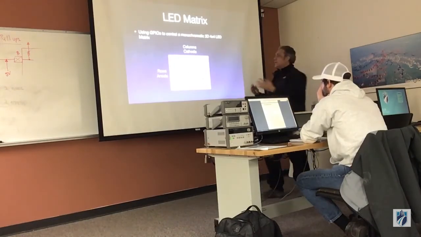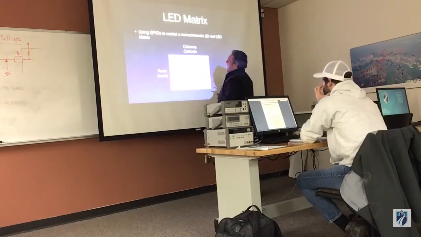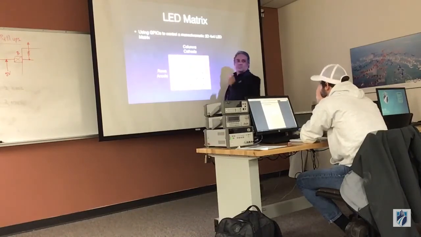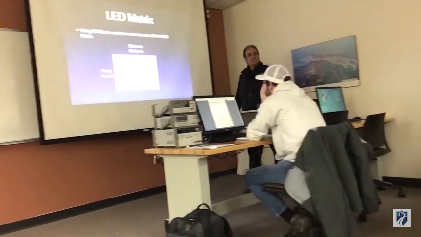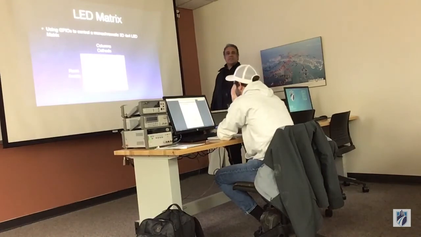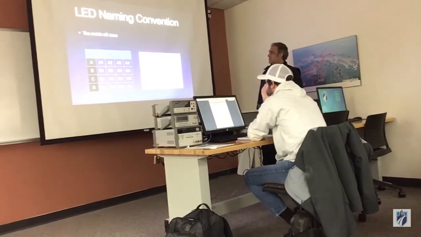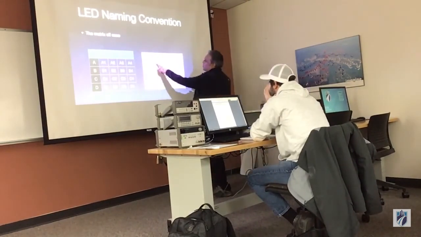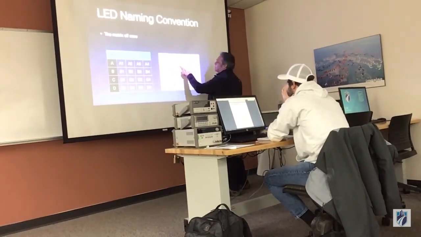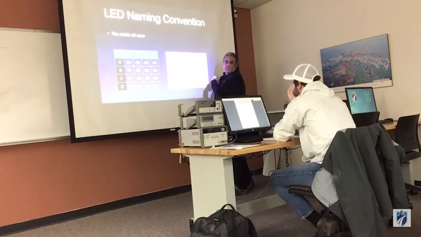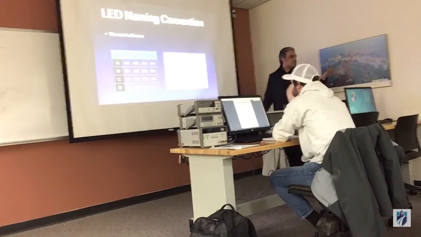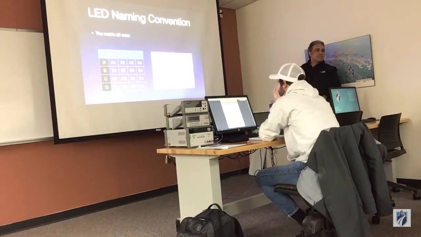I'm going to name them. The rows are going to be letters, and the columns are going to be numbers. So I'm going to call this guy A1, and then A2, A3, A4, B1, B2, B3, B4, and so on and so forth. Makes kind of sense.